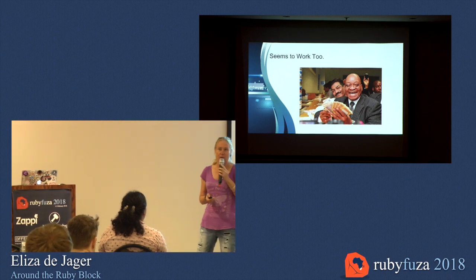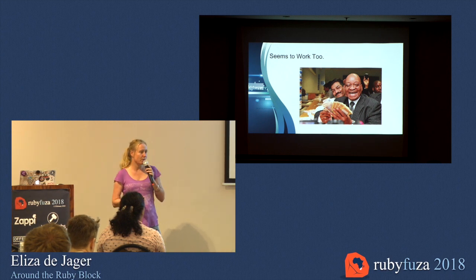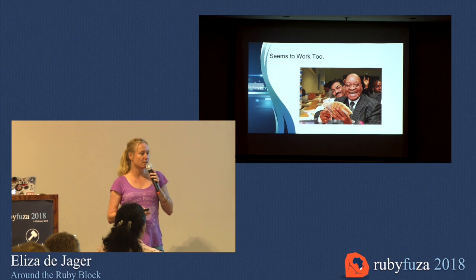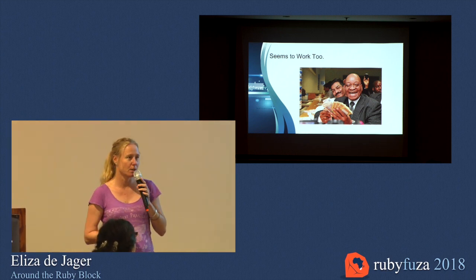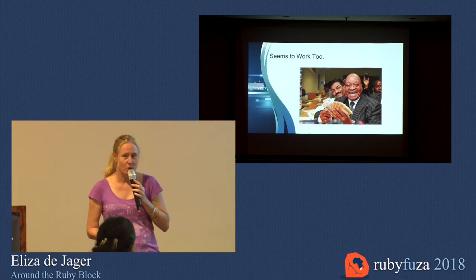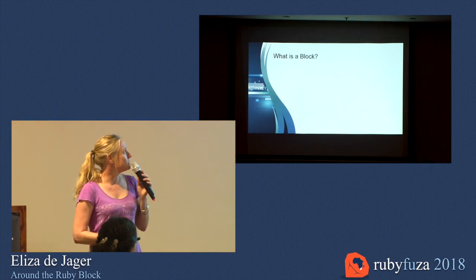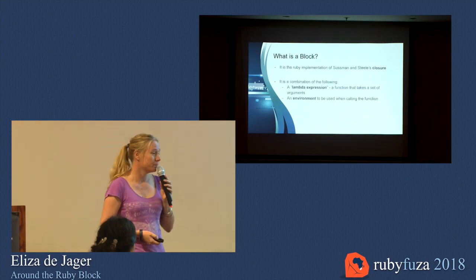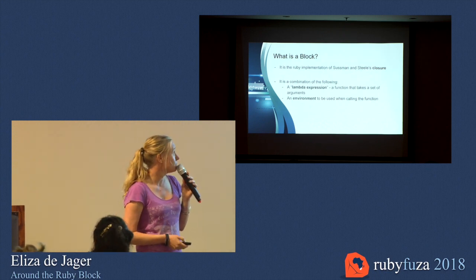And so it was at this point that I realized, okay, if I was going to understand what was going on here, I probably needed to better understand the underlying mechanisms that make blocks so powerful in Ruby. So the first question is, what is a block really? Well, a block is just Ruby's implementation of Sussman and Steele's closure, which they defined as being a combination of two things.